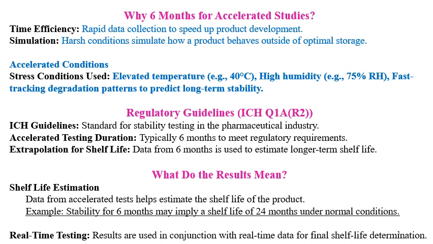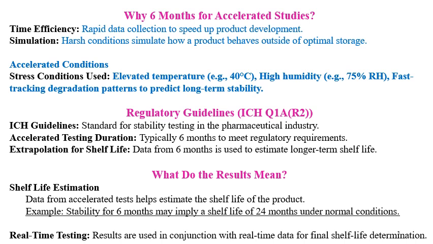That means if you want to extrapolate 24 months at long-term condition or real-time condition, then a minimum of 6 months of data is required from the accelerated stability condition.